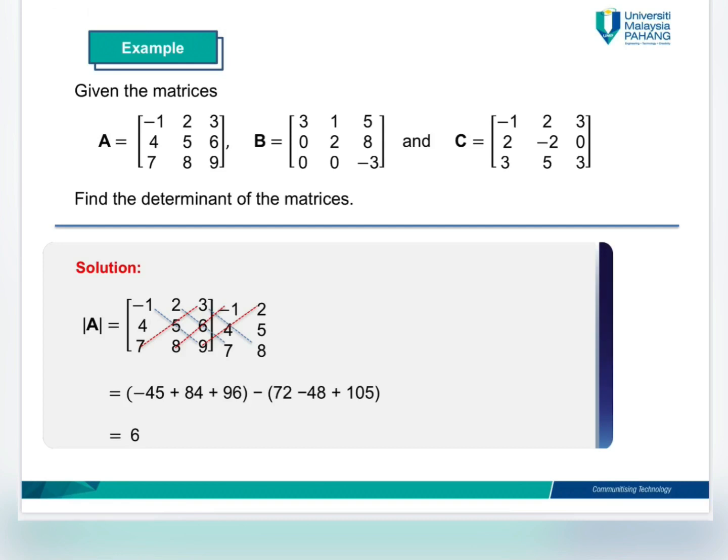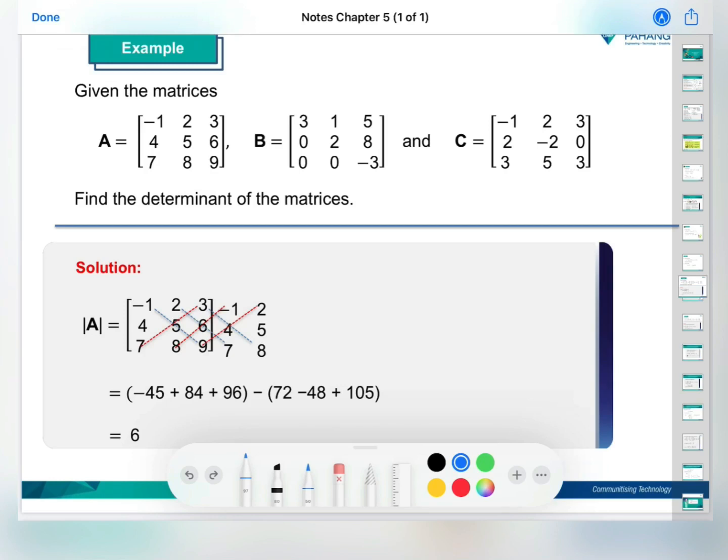We use the diagonal expansion method. First we add another 2 columns, which is column 4, the elements exactly the same as in column 1, and then you add another column, which is column 5, and the elements are exactly the same as in your column 2. After adding these two columns, you do the addition and subtraction based on your black line and red line elements.